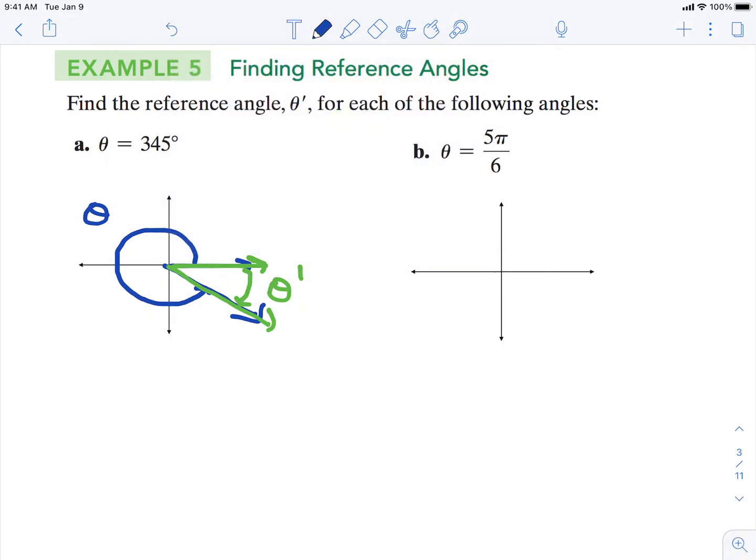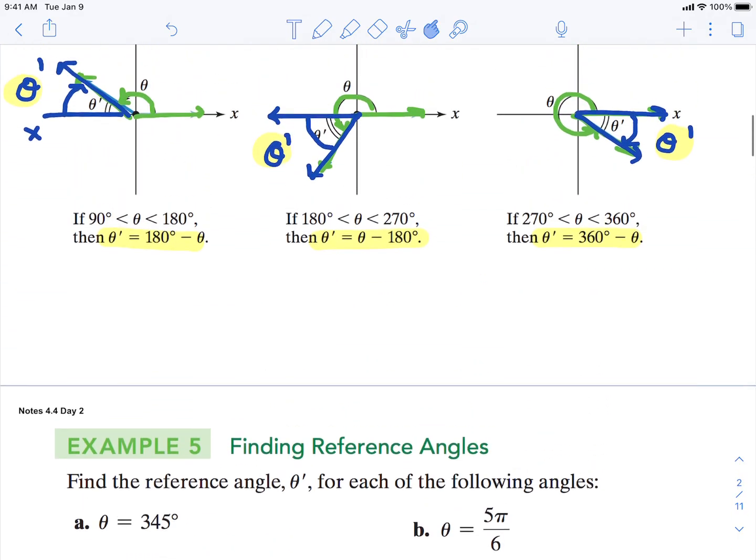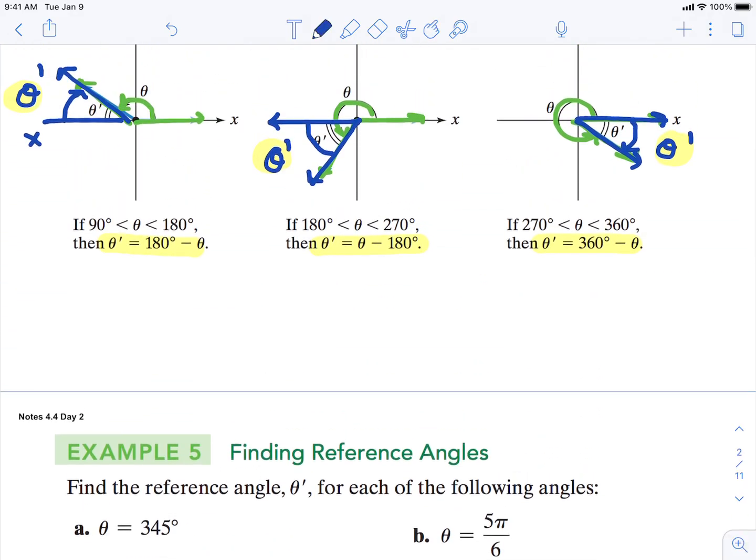So how you find the reference angle, since it's falling in quadrant 4, we're going to use this equation right here I'm highlighting in the yellow.